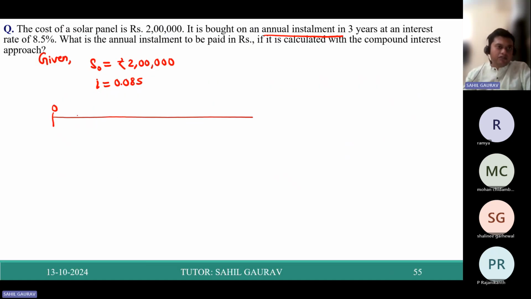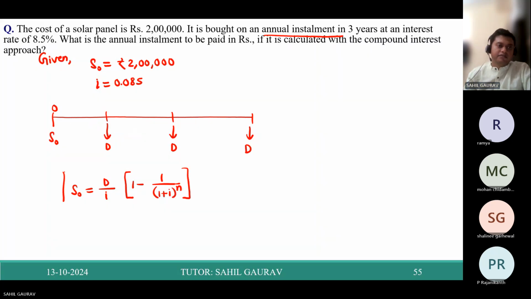Today it is S naught and then D, D, D. So we know the relation is S naught equals D upon I into 1 minus 1 upon 1 plus I to the power N. So N value is 3 years.